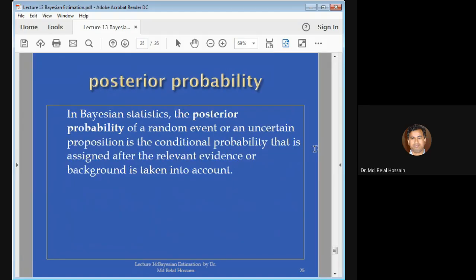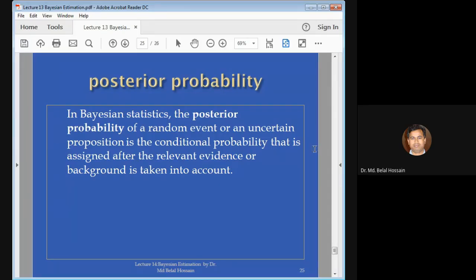The posterior distribution of a random event or an uncertain proposition is the conditional probability, like it is coming from the Bayes theorem, that is assigned after the relevant evidence or background information is taken into account.